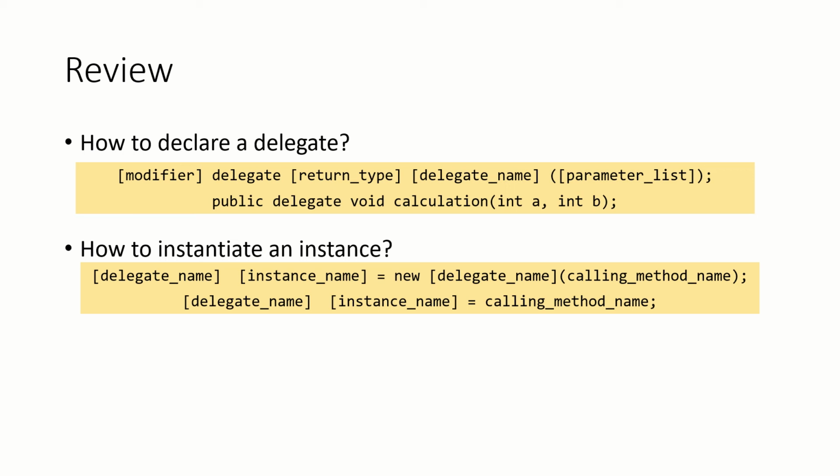One way is using the keyword and your delegate name with the method, very similar to creating an object of a class. The other way is more straightforward: you can directly assign the method to that delegate.